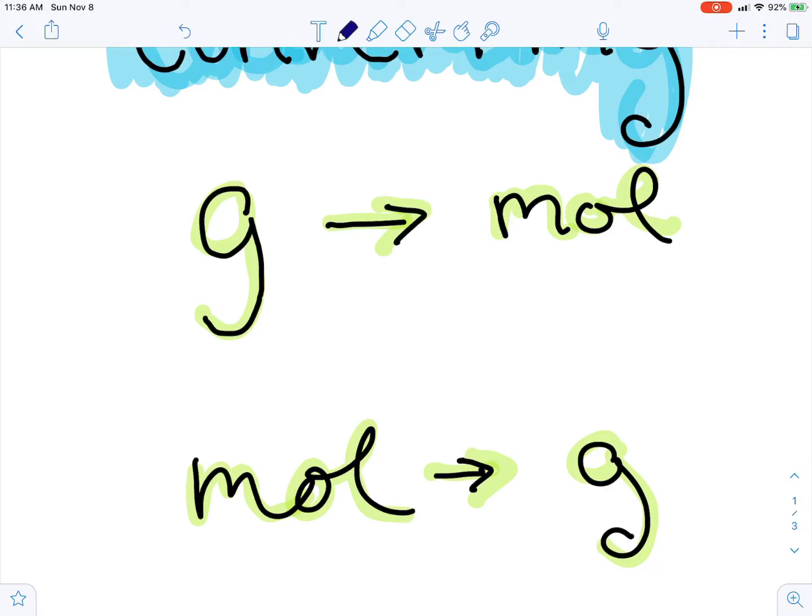I'm going to say 100 grams of, let's go easy, H2O. And you ask yourself, well, how many moles of that do I have? So we're going to go from grams to moles in this case. Okay, so grams to moles, that's our map already.